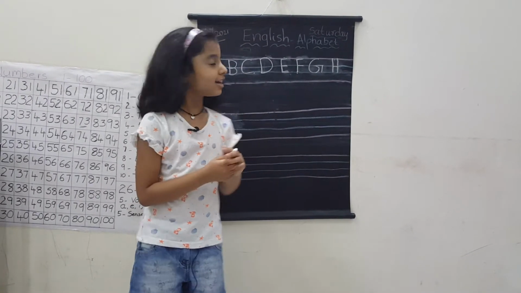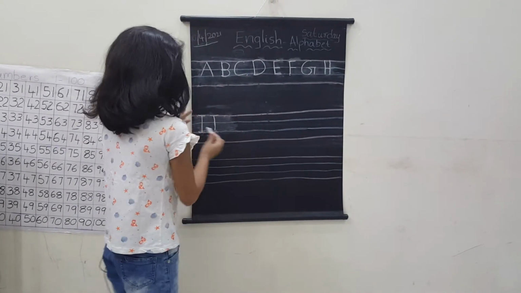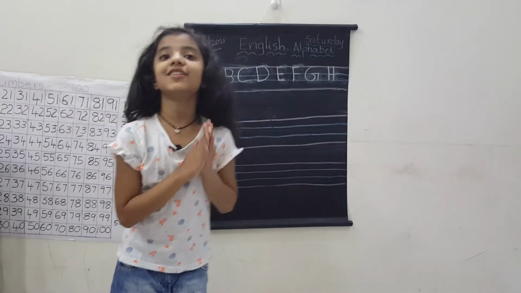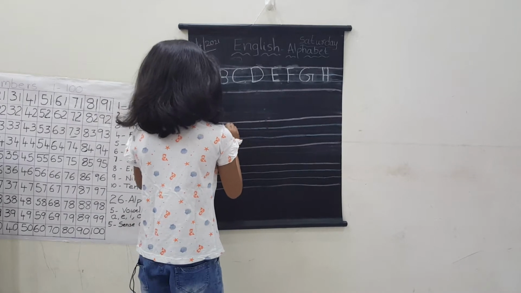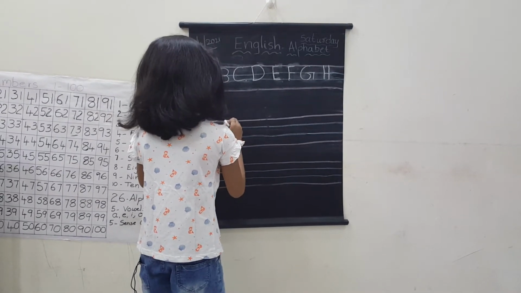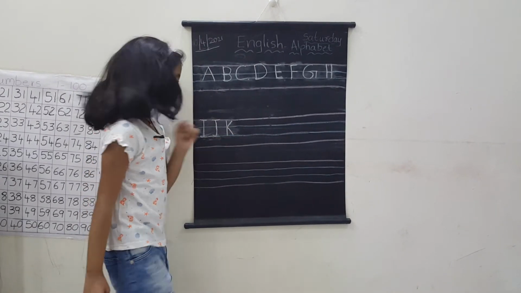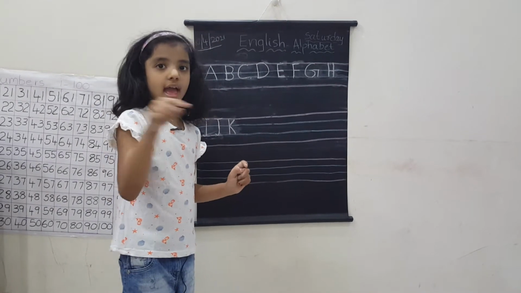C sound is ka only and K sound is ka only. K is for kangaroo. Now we are going to write K here. This is K.